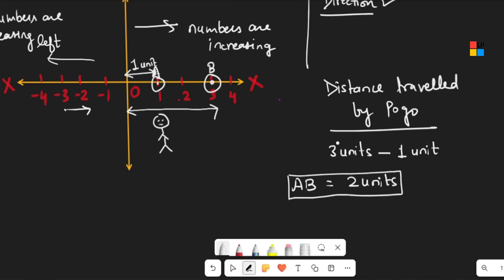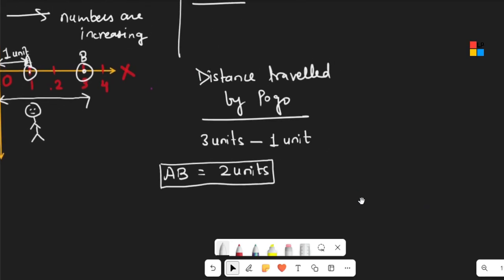So this is the distance traveled, but here I am talking about vectors. So if I continue with the vector, the first very basic and very important term here is displacement. So displacement by Pogo.